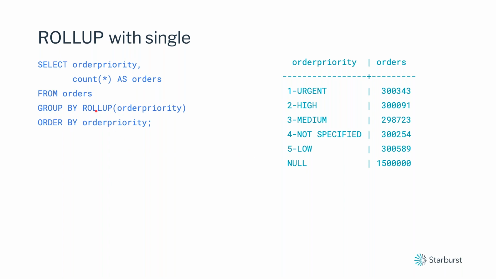Well, that's what the ROLLUP operator lets you do for group by. So instead of saying group by order priority, you say group by ROLLUP of order priority, and now we get our normal output for each of the order priorities. We also get this extra row at the end with order priority of null. That's the total. And if we sum these up, we get this total, the total number of orders in the table.